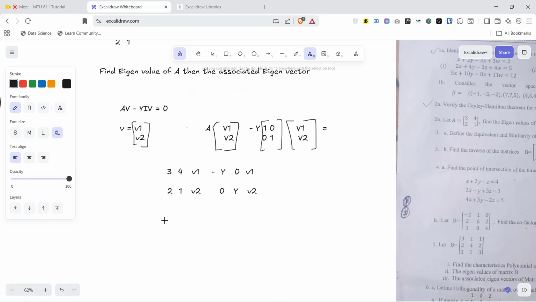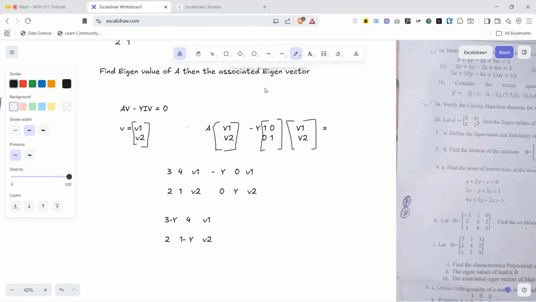We are going to have 3 minus lambda, 4, 2, 1 minus lambda, just like the kind of equation we had the other time. Then V1, V2 equals 0. Let me put the brackets.